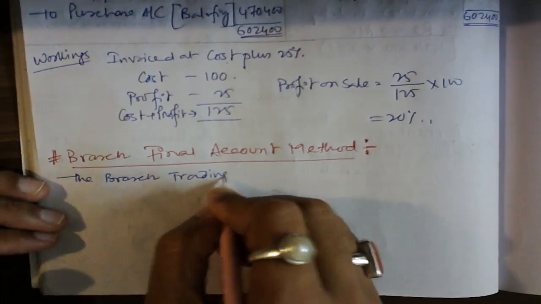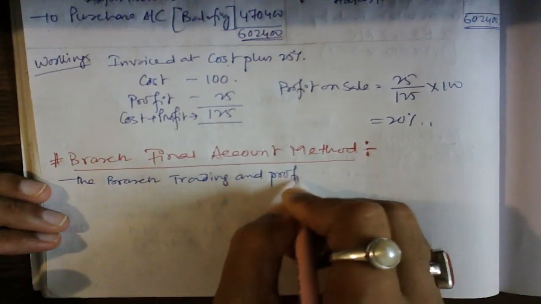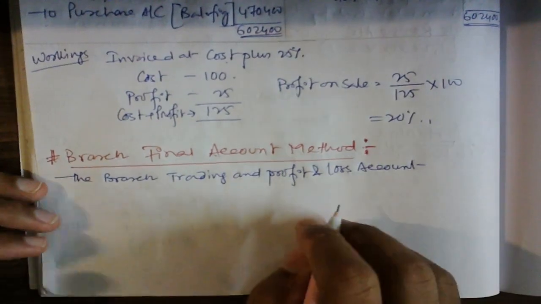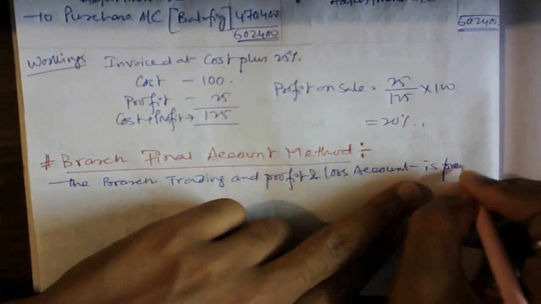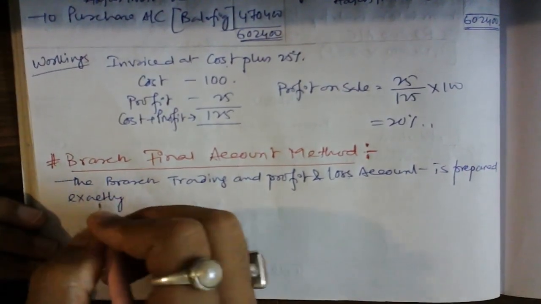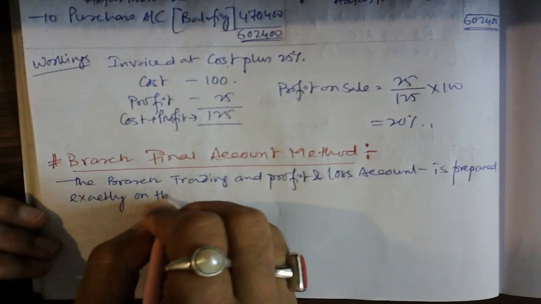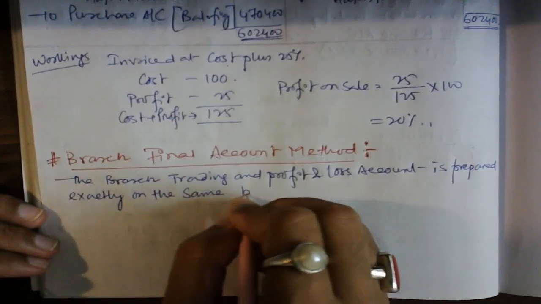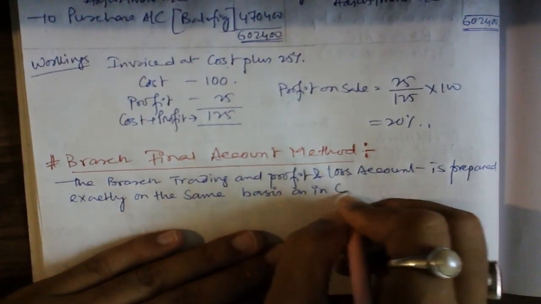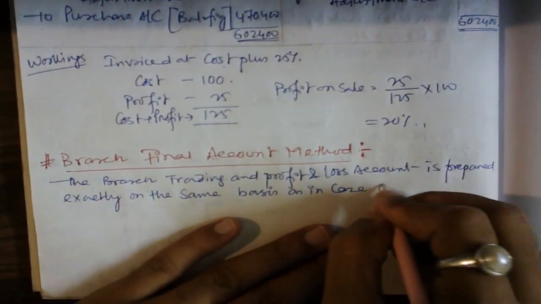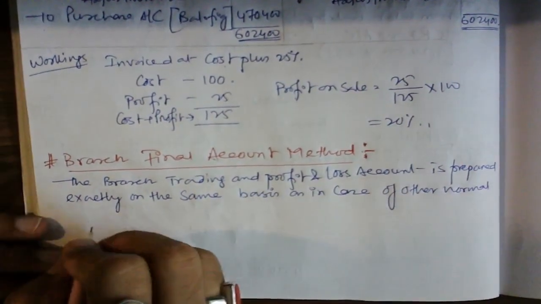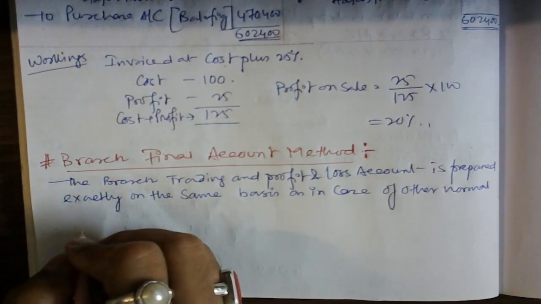The branch trading and profit and loss account is prepared exactly on the same basis as in the case of other normal concerns.